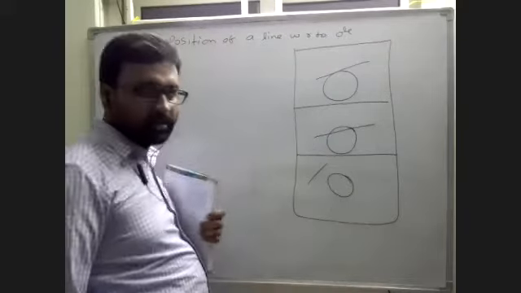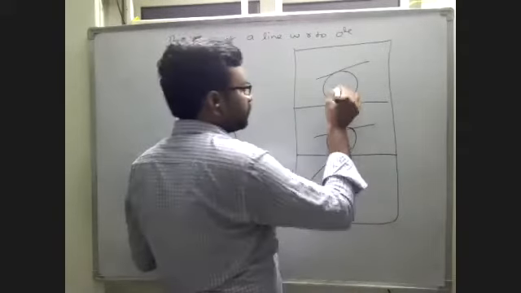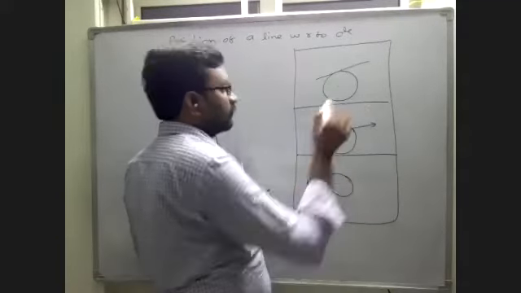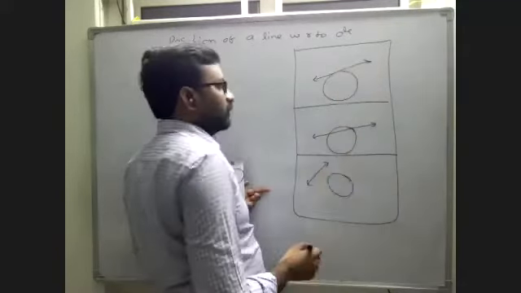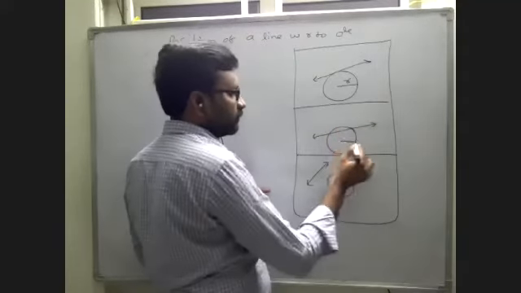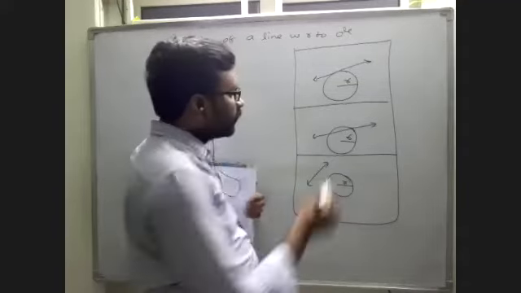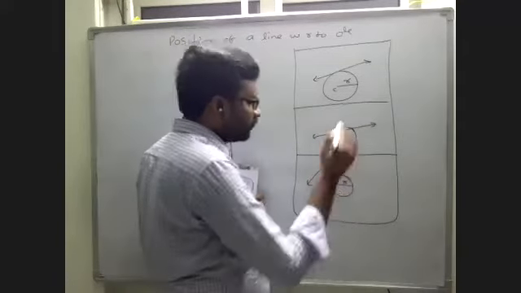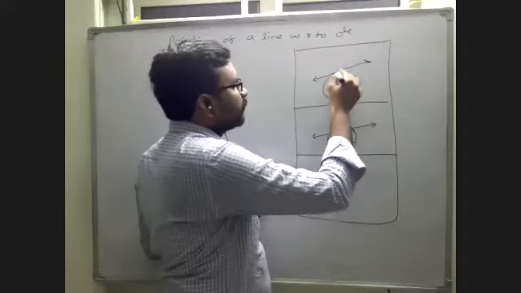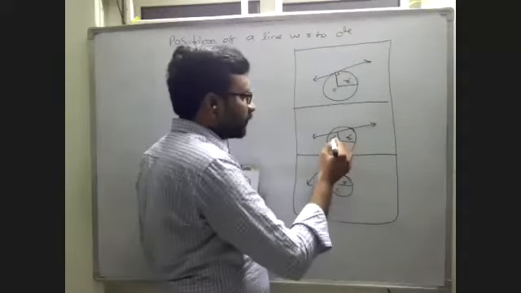Okay, we have three cases with respect to a circle for the position of a line. Take the center, the line, and the radius. Now from the center to the line, the distance is nothing but the perpendicular distance.